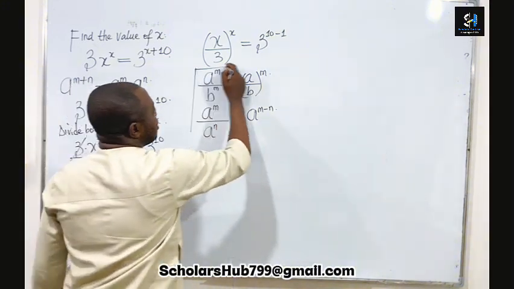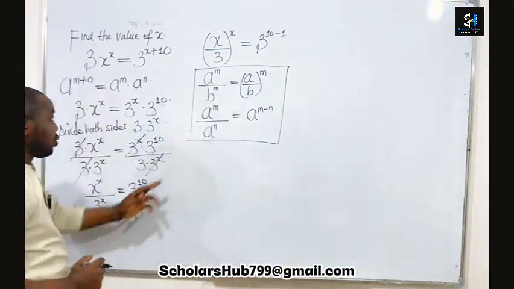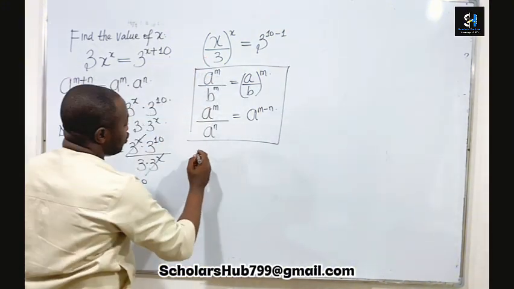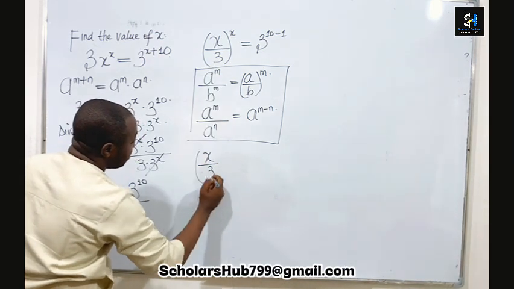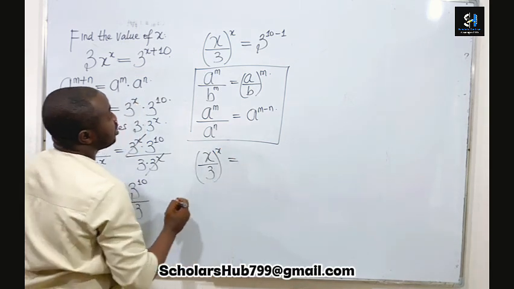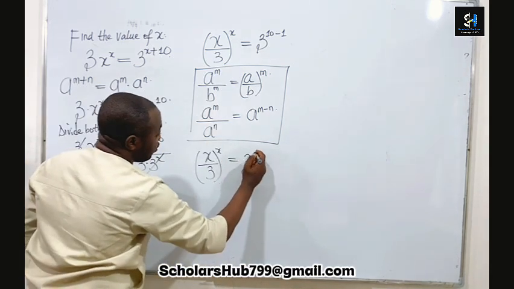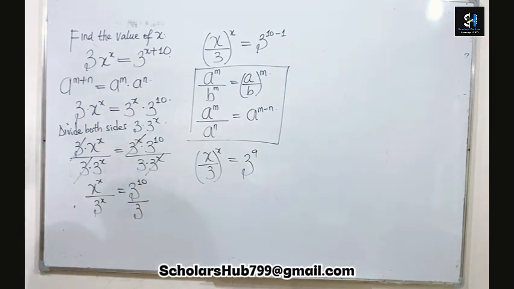So I just applied these two properties to get this. Then on the left hand side remains (x over 3)^x, and on the right hand side, we're going to have 3^9.